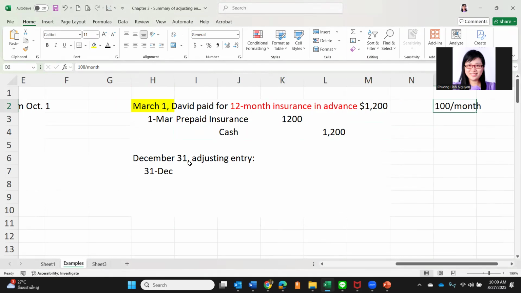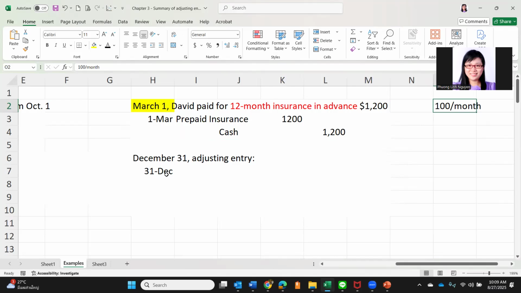Now at December 31, how many months have gone? 10 months, March, April, May, June, July, August, September, October, November, December. So from March 1 until December 31, we have used the insurance for 10 months.